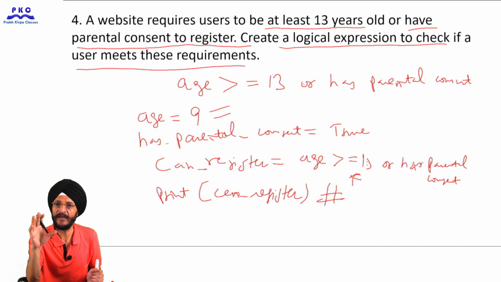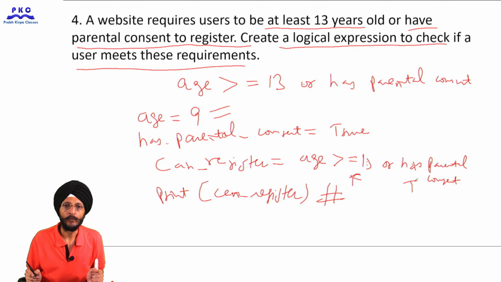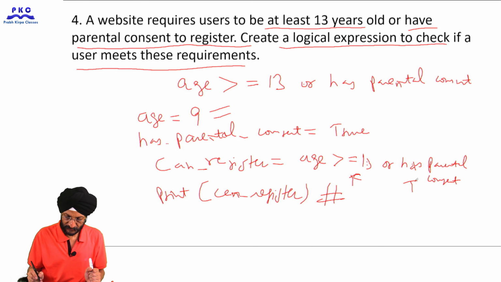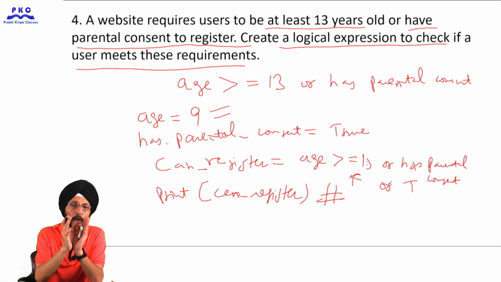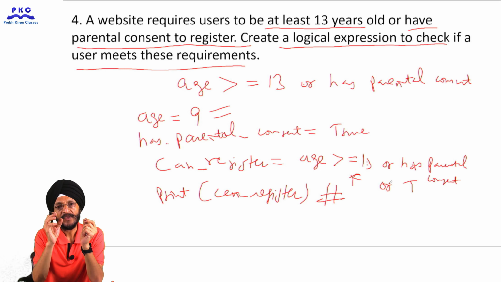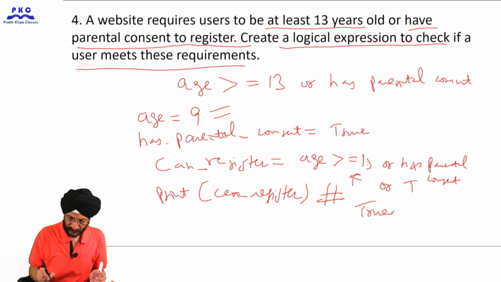That is, the child has parental consent to register to the website. So the second one is true. So what will be the overall result? False or true? In the truth table of or, we had learned that any of the two conditions has to be true to result in true. So here the second condition is true. So the overall result will be true.